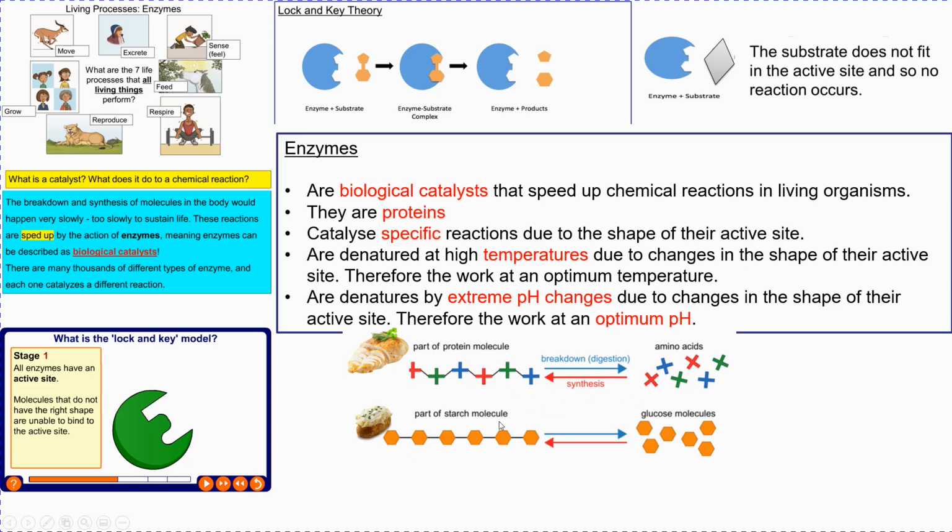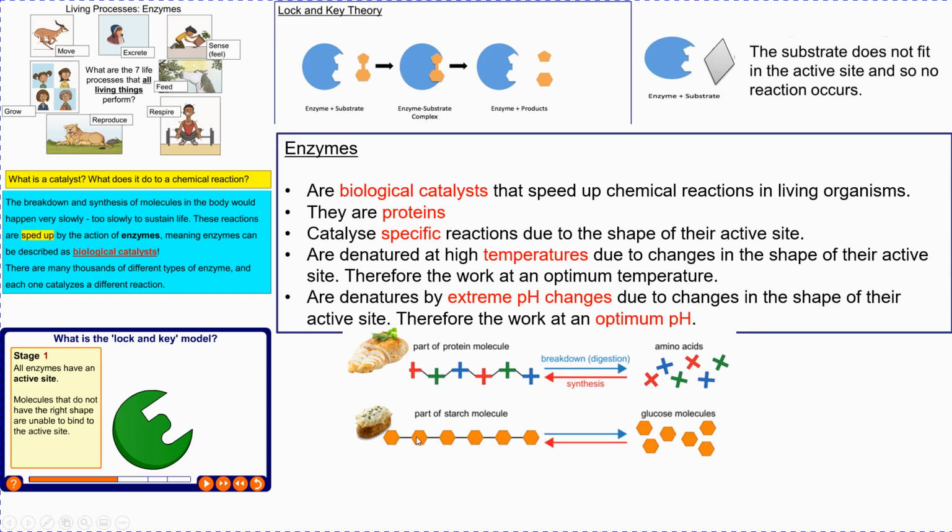This is a carbohydrase enzyme. A lot of enzymes, not all of them, but a lot, end in ASE. So that's a way of remembering that they are enzymes. This will be breaking down a piece of starch. Starch again is a long chain of glucose molecules.